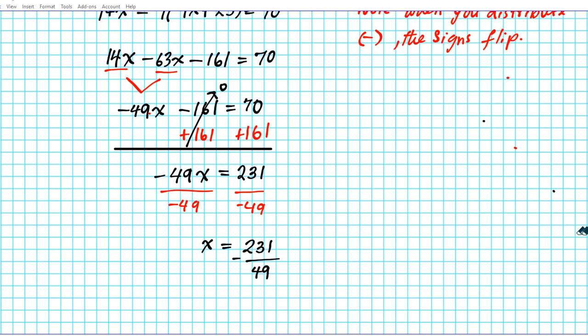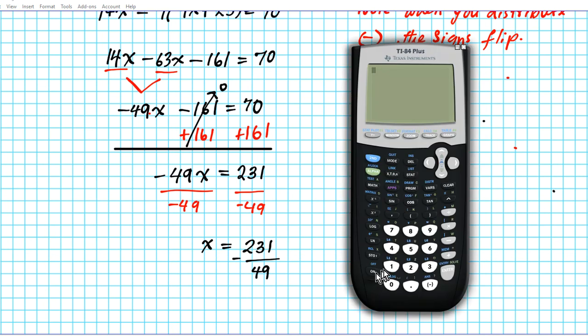So you can reduce this by hand, or you can use a calculator. Let me show you a neat little calculator trick you can use here. So we want to see the simplified form of negative 231 over 49. You might be able to simplify it, you might not. We don't know yet. So what you do is you divide it like this, and you have the decimal equivalent.